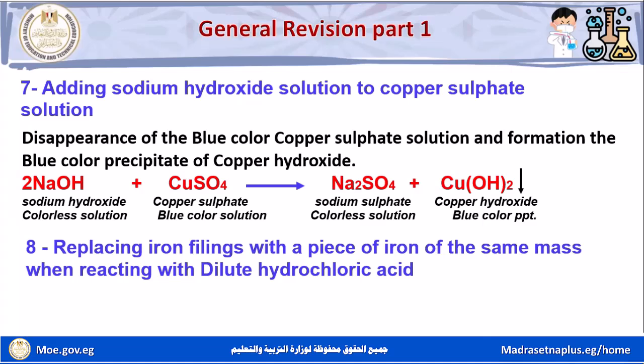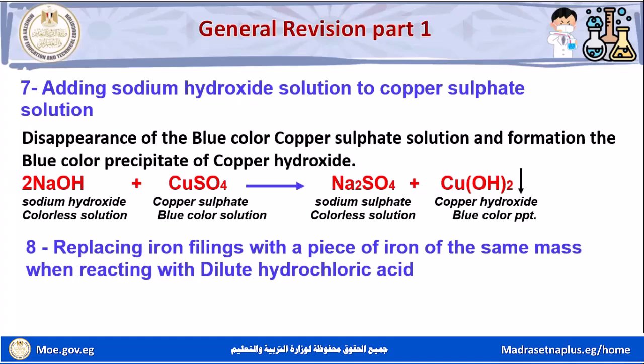Disappearance of the blue color of copper sulfate solution and formation of a blue color precipitate of copper hydroxide. 2NaOH, sodium hydroxide, colorless solution, plus copper sulfate, CuSO4, blue color solution, produce Na2SO4, sodium sulfate, colorless solution, plus Cu(OH)2, copper hydroxide, blue color precipitate.